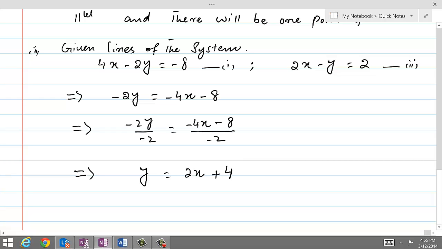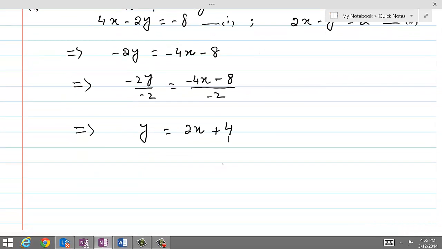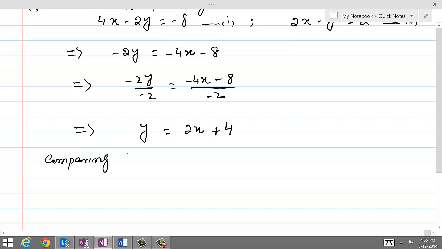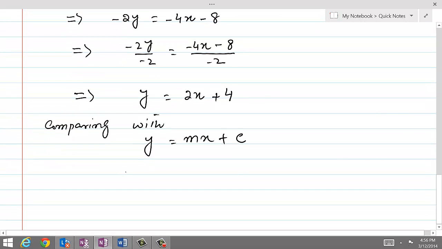So if we compare this with y equal to mx plus c, what is the slope of this line we get? The slope of this line m1 is equal to 2.